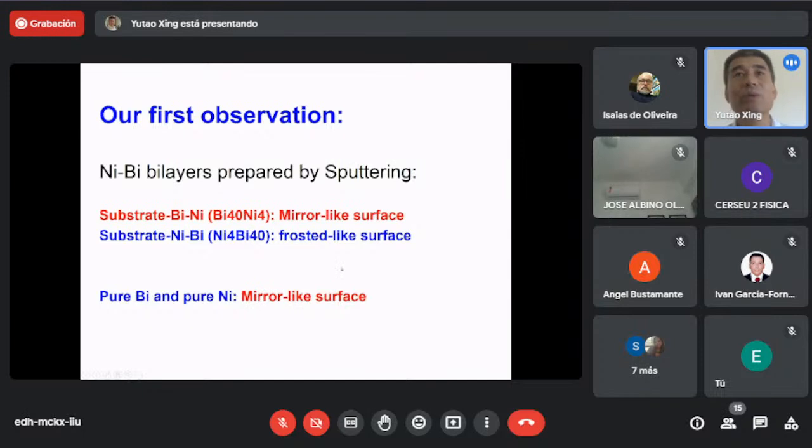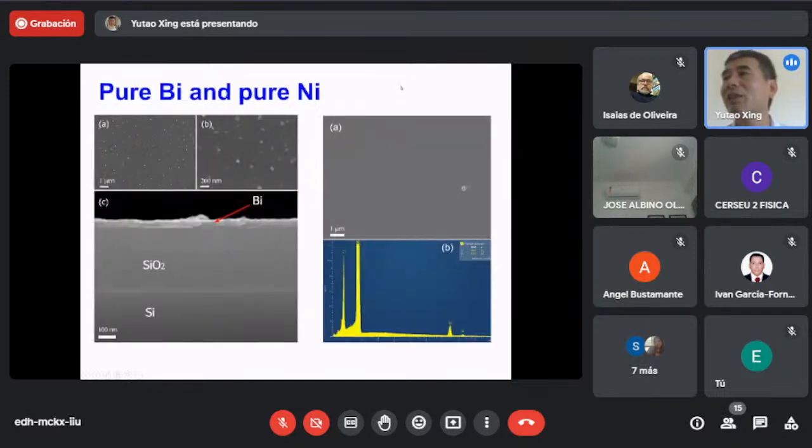So first of all, we took the sample to the SEM. We have the machine installed to have a look. First of all, this one is pure bismuth. We can see the bismuth formed a continuous layer, even with several small crystals on the surface. We can even see the grain boundaries here.